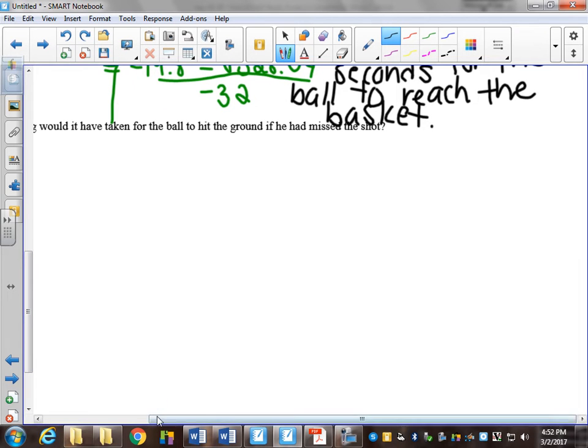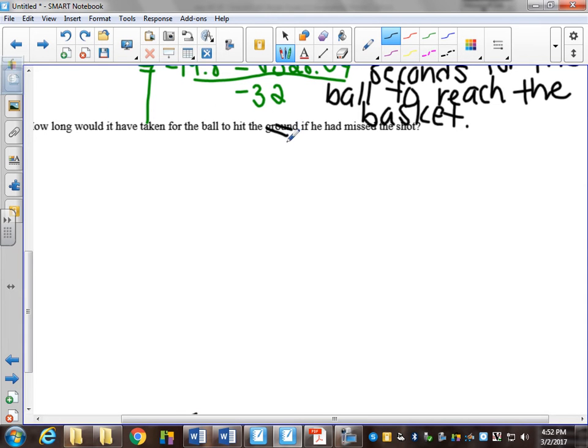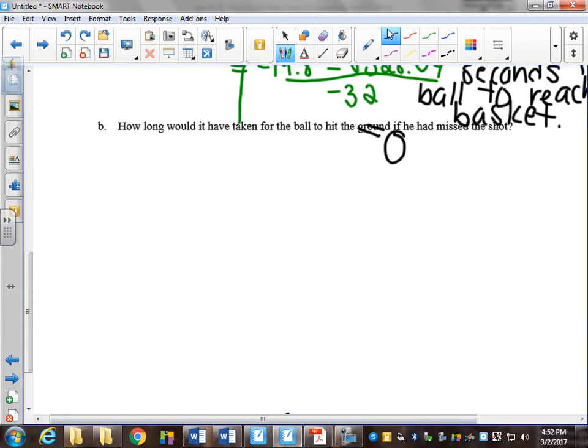Okay, so now we're just asking how long it would take for the ball to hit the ground if he missed the shot. So now we're measuring not if he gets into the basket at 10 feet, but if he hits the ground. Our height of ground is 0. Now our h of t is 0. Our h naught still stays 9, and our v naught is still the same.